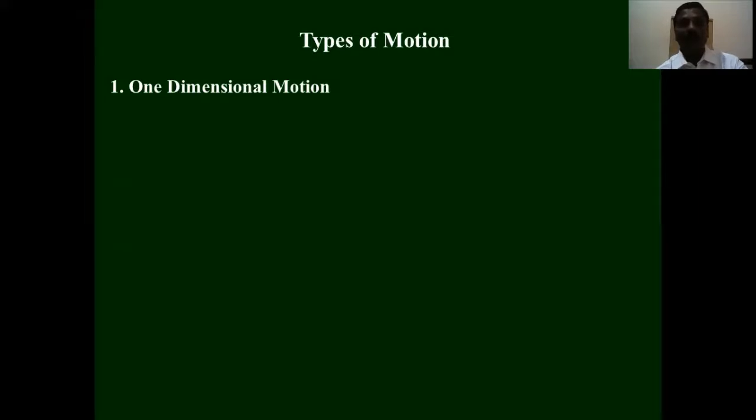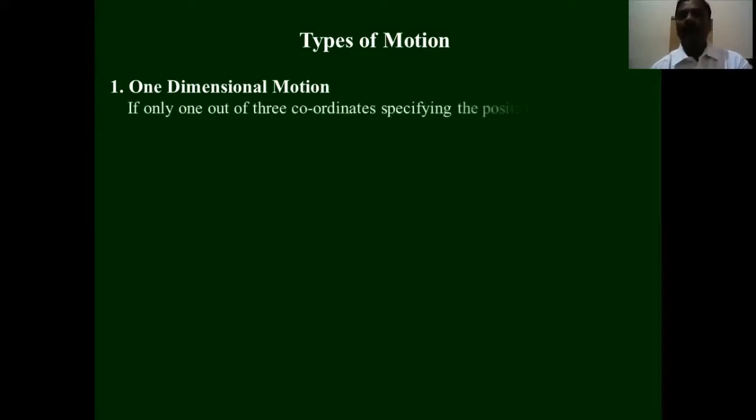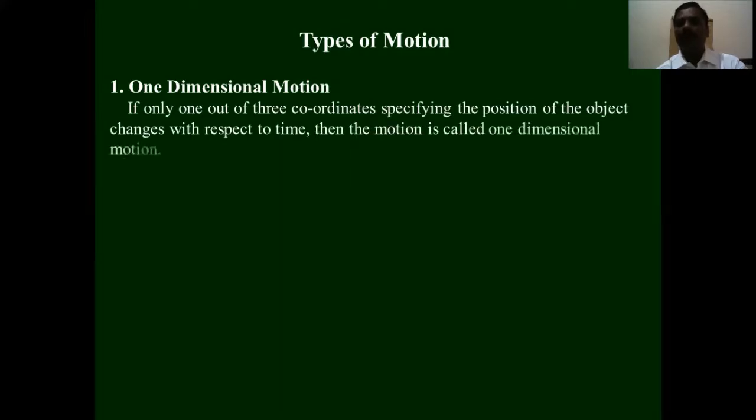So if we consider the first type of motion, it is a one-dimensional motion. If we consider the coordinate system, then in case of scalar and vector, we have seen the different coordinate systems.